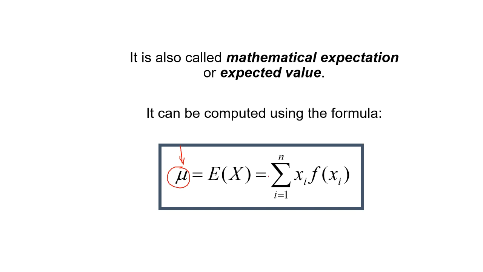That is equivalent to the summation of i equals 1 to n of x sub i times f of x sub i. Here, f of x sub i is practically the probability of x sub i, they are just the same, and x sub i is just the value of our x. Later on, we'll try to solve some examples related to this.